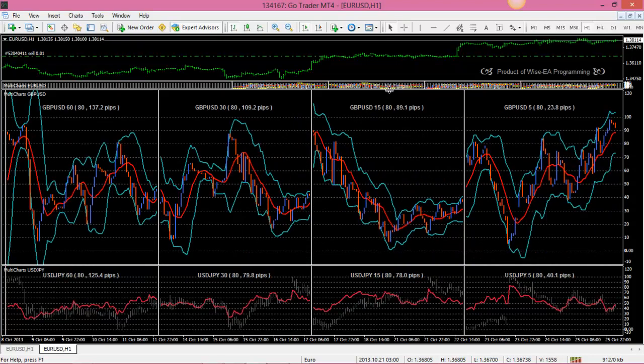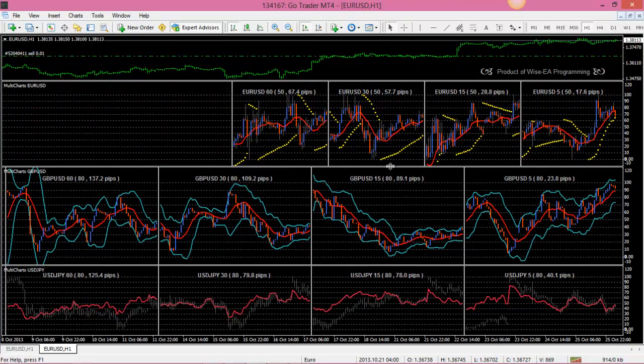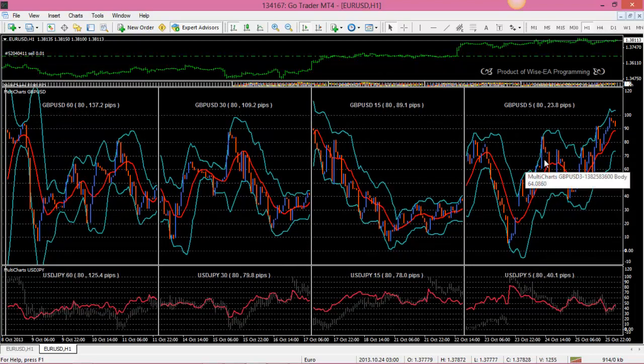And here, this 80 is based on the total number of bars on the chart, obviously. And here we also display the overall range.